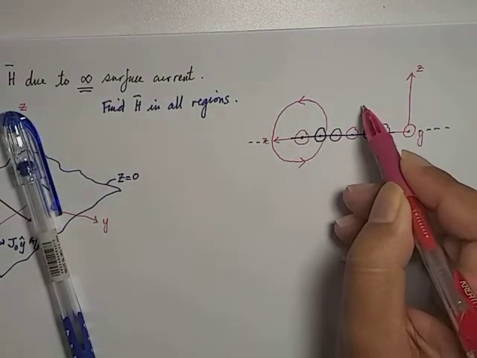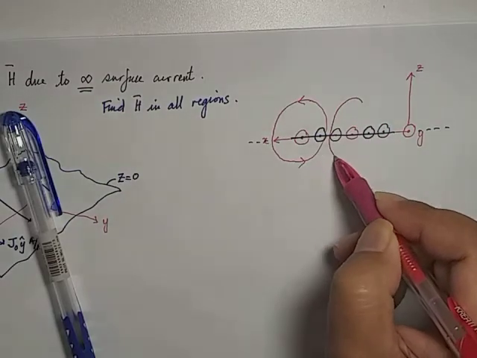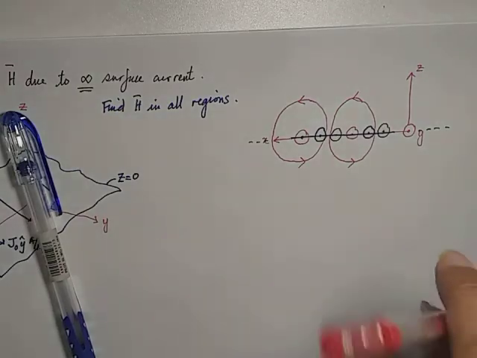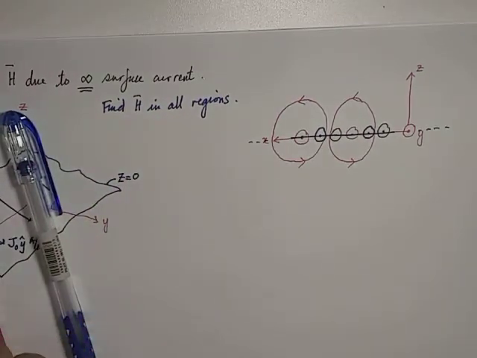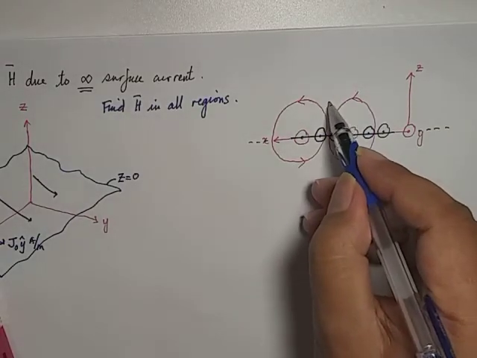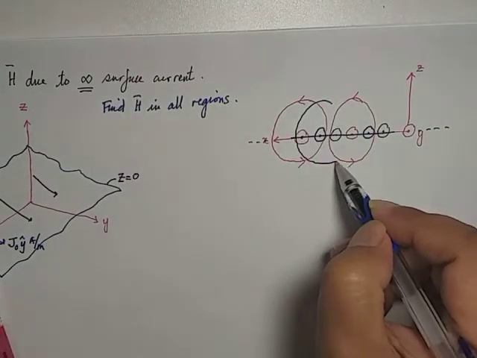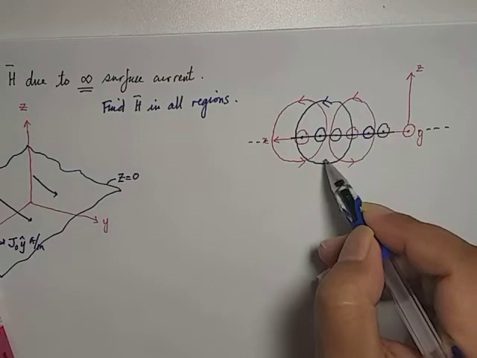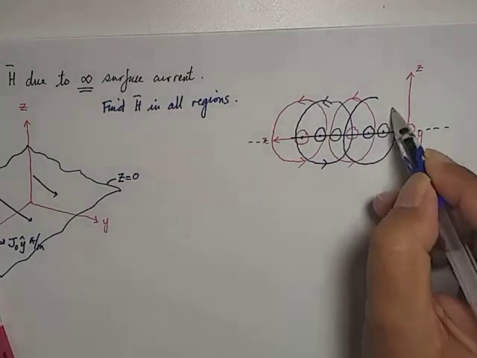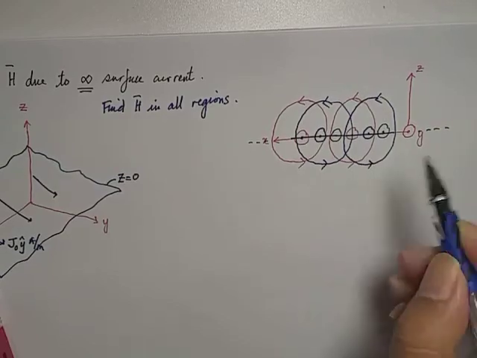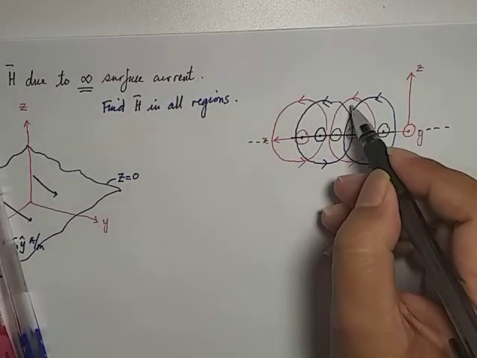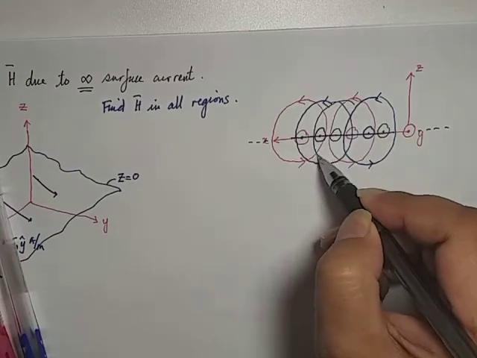So this line current is going to produce its own field, red color. And how about the blue line current? Yes, it's going to produce its own field as well, centered at that particular current. That is going to be the corresponding field. And finally the black line current is also going to produce its own field.